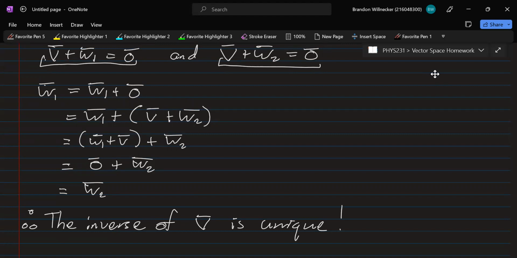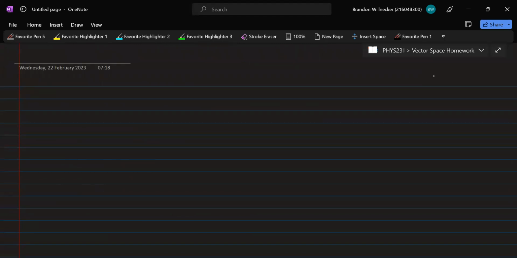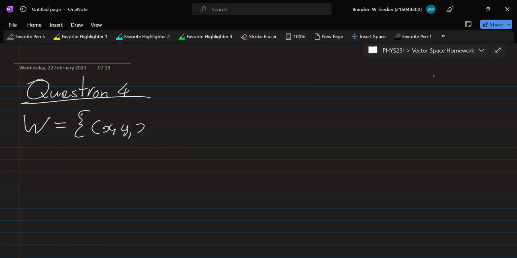Okay, let's have a look at question 4 on subspaces. We had a definition for a subset. This was (X, Y, Z) such that X plus Y is equal to Z, and all of these are real numbers, so X, Y, Z are all real.